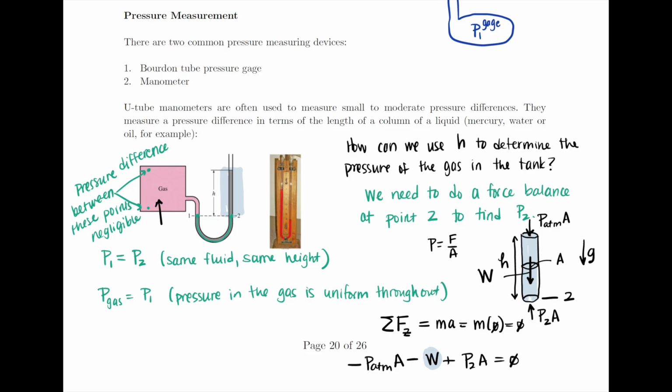I should note that this is our cross-sectional area A. And then on the bottom, I have P2 times A. Am I missing any forces?